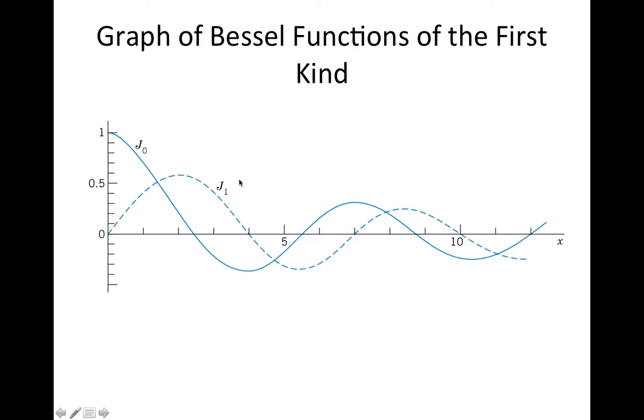And so if you were looking at fields inside of a cylindrical waveguide, or fields maybe due to a cylindrical current or charge distribution, or a cylindrical antenna, an antenna with cylindrical geometry, you'd see this kind of a distribution for a field pattern, just depending on what your boundary conditions were.